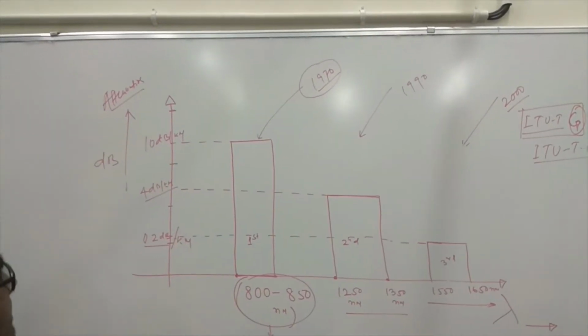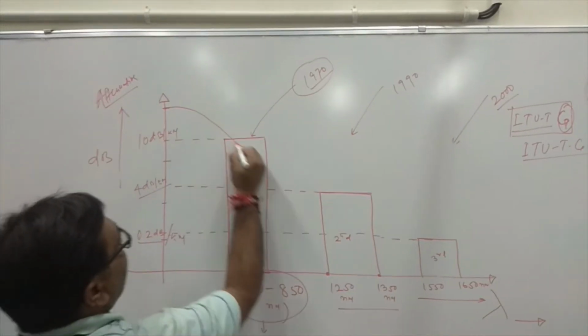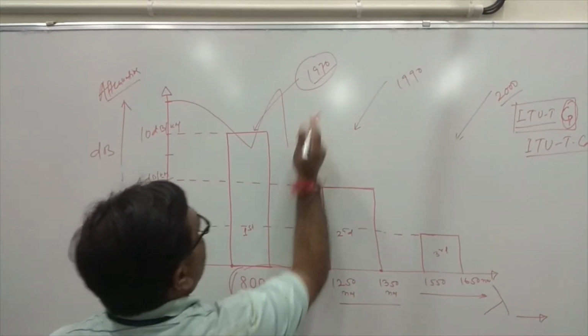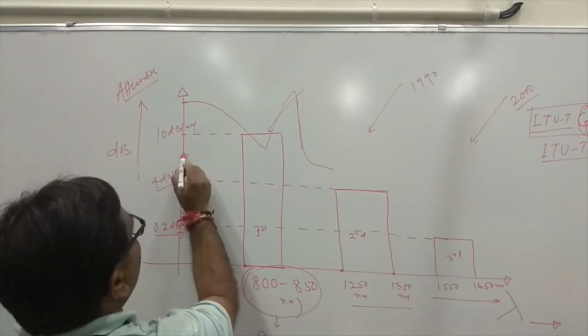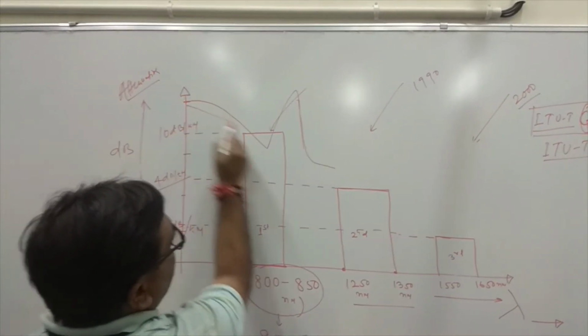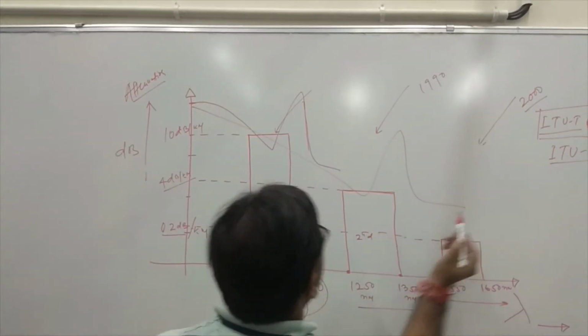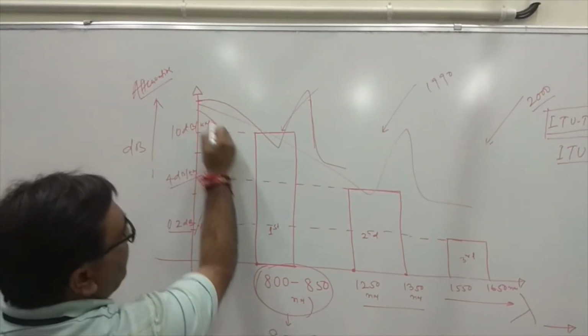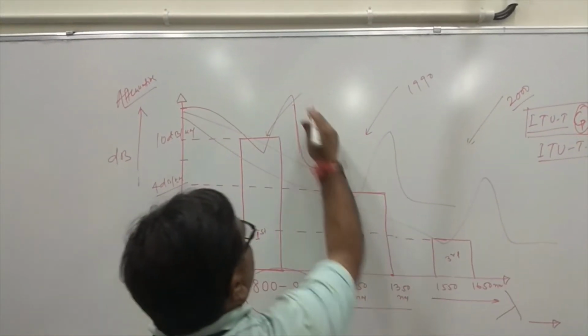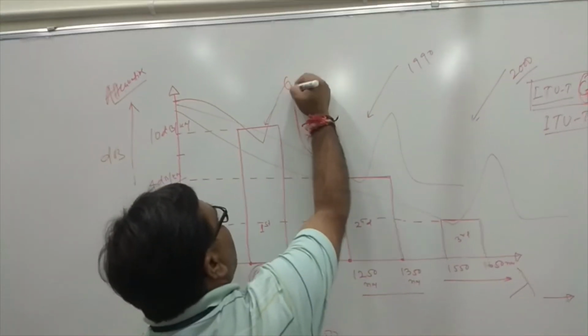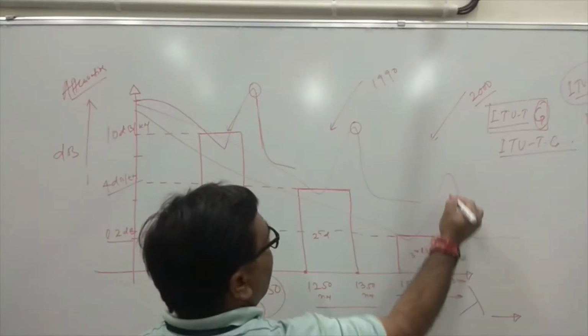So as the progress happened, second window will look like this. Third window looks like this. In all windows, you are able to see there is intentionally a peak that appeared. Peak appeared, right?